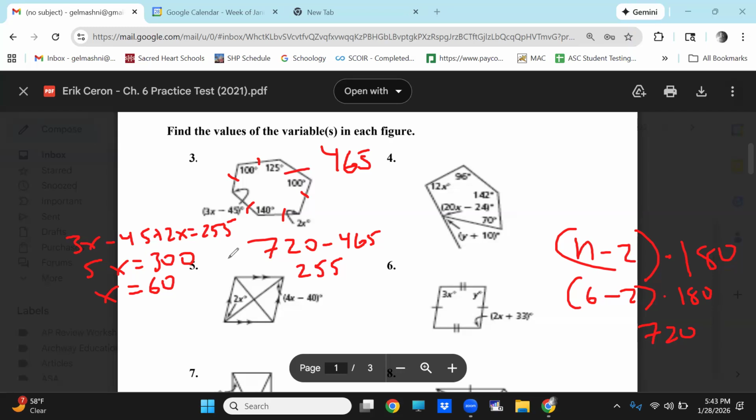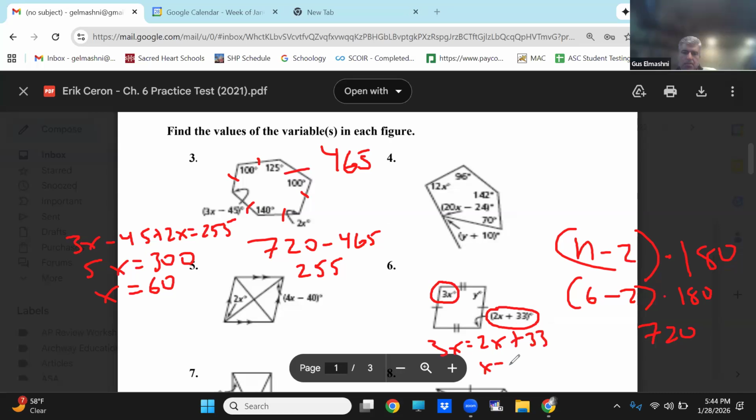How was 6? I didn't even need to pull out my calculator. Let's go. Okay. 3x is equal to 2x plus 33. x is equal to 33.